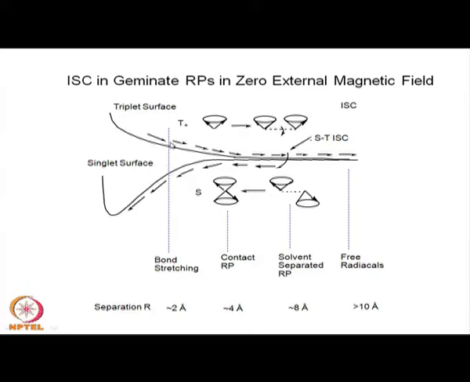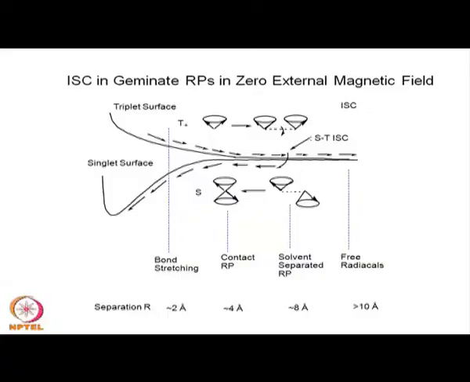Now it is the stretched bonding, I mean the bond is a little bit stretched, and the moment it is generated, it may be generated, say, in the triplet state and in the contact form, contact radical pair. Then with time it evolves, still maintaining this triplet correlation, but there is a separation between these two radicals.